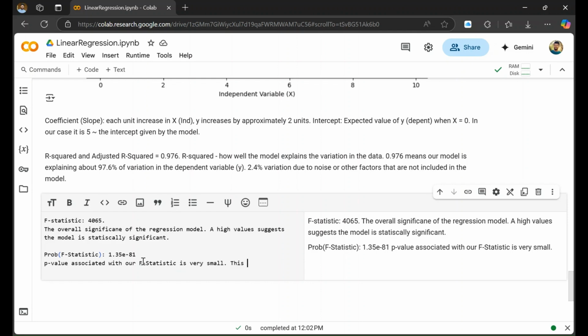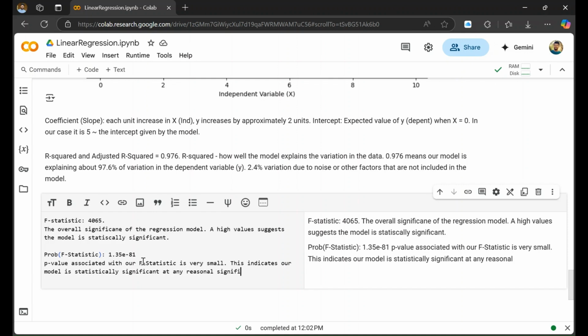This indicates our model is statistically significant at any reasonable significance level. So the p-value says that our model is statistically significant.